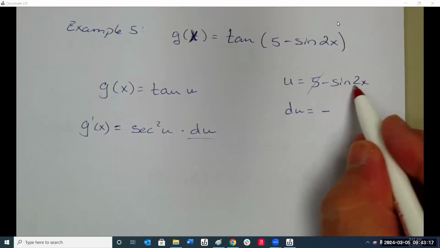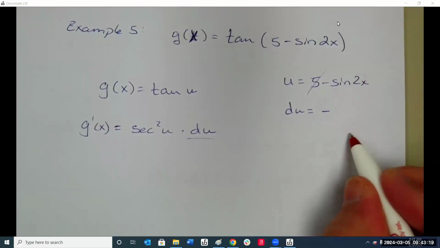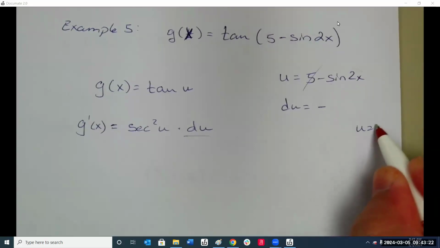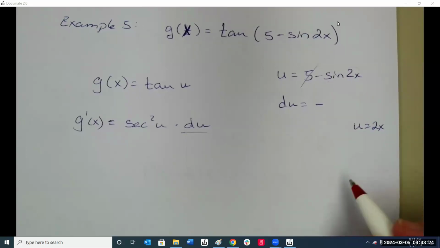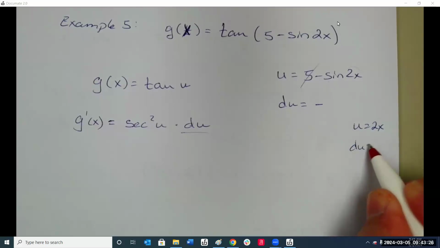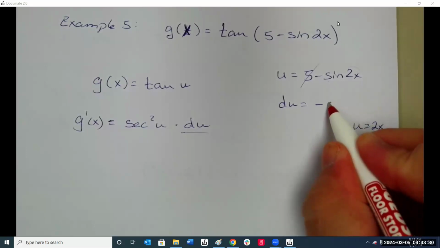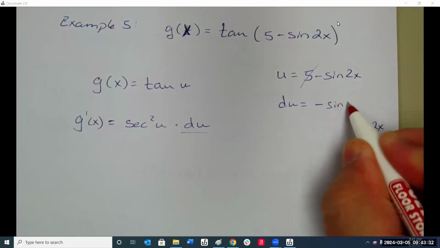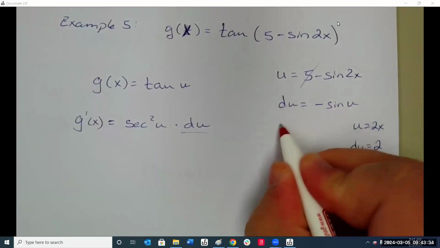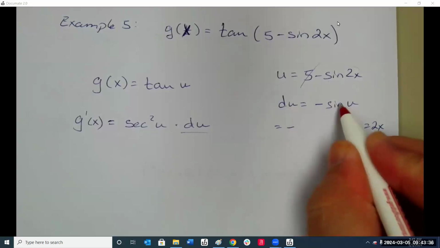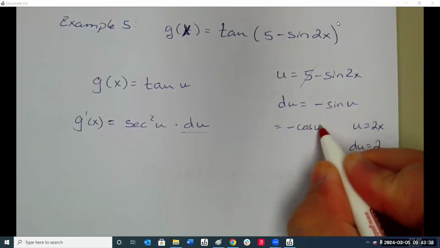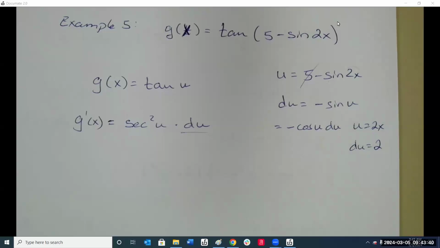Now we have another one. It's minus sine of u, where u here is 2x. So du is 2. So we have sine of u, the derivative of sine is cosine u du.